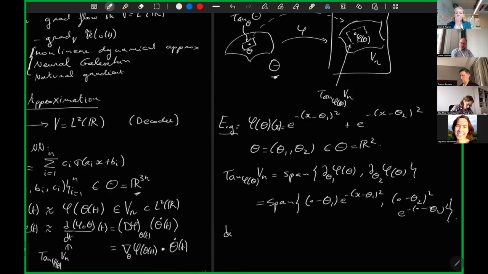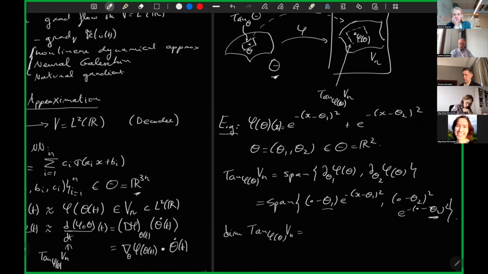So the dimension of this tangent space, if θ1 is equal to θ2, we see that this manifold is degenerate. This decoder over here is like a sum of two Gaussians essentially, and the Gaussians can overlap when θ1 becomes equal to θ2. In this case the manifold is over-parameterized because I would only need one Gaussian to express the function that I am trying to approximate.